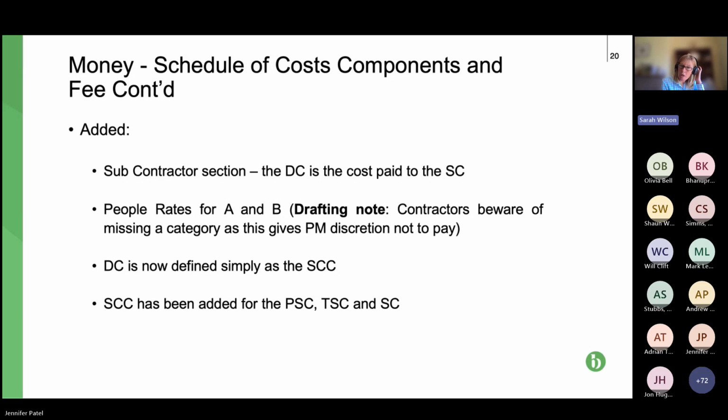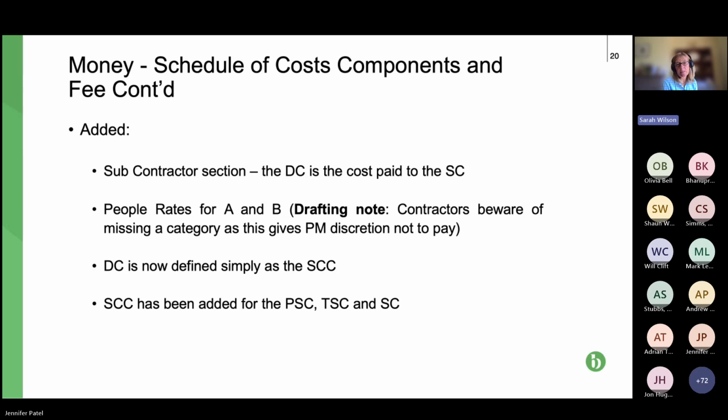The next change only applies to options A and B, so our fixed price contracts, where we now have people rates. So bear in mind, we will only be looking at the schedule of cost components, or more accurately, the shorter schedule, when we're dealing with A and B, when we're talking about compensation events, so it has fairly limited use.